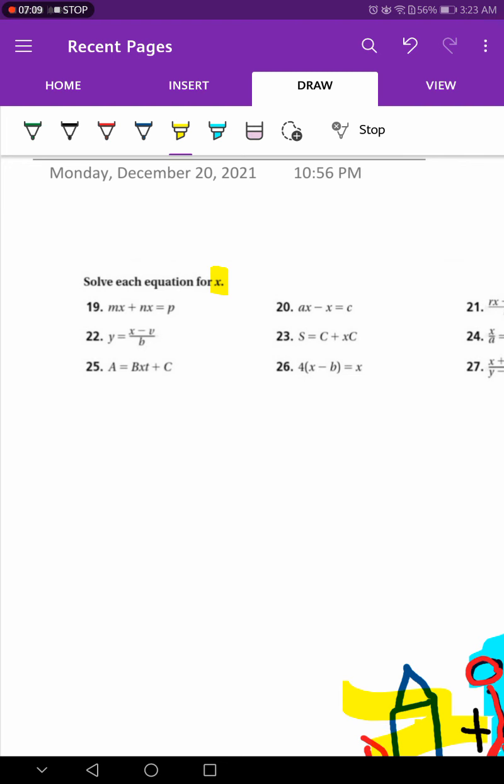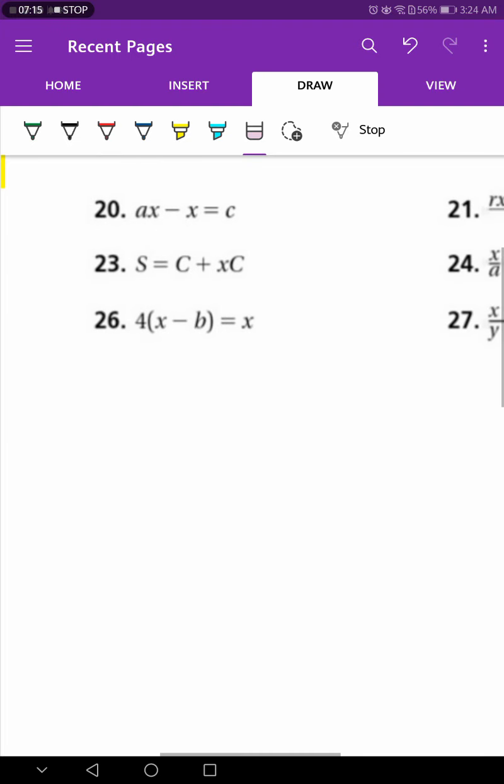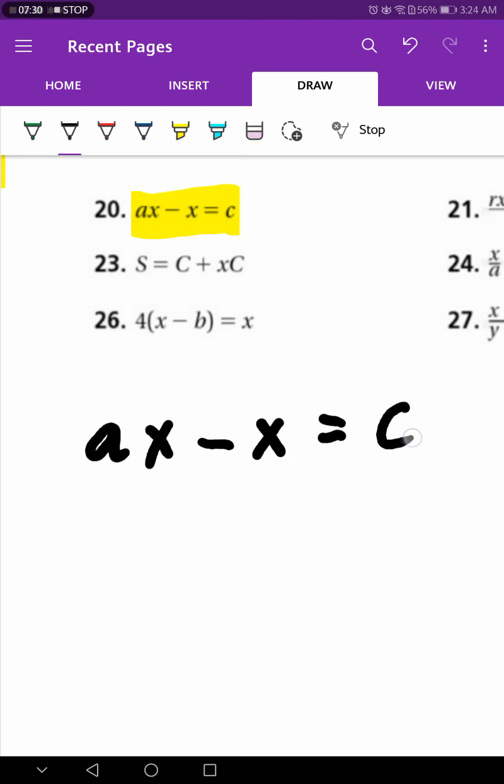This is my rule, to make all happy. Now I write the question. We are here, boys. Okay, don't go away. Be patient, you will be good. ax minus x equals c.